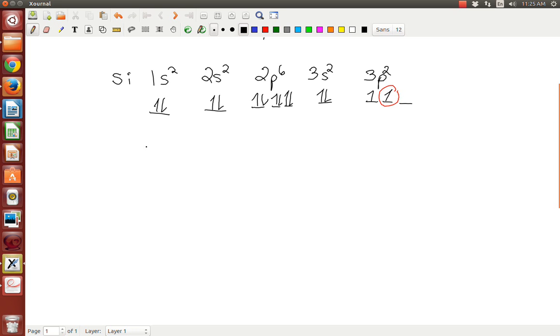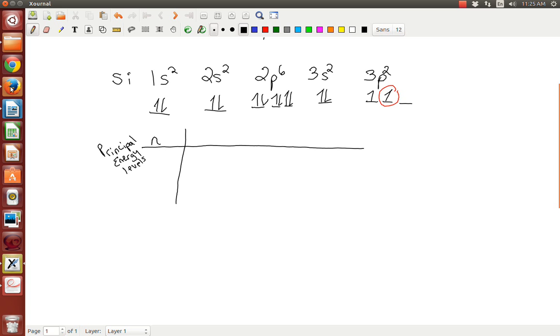Now here's the deal with quantum numbers. There's 4 quantum numbers. The first one is the n, and the n is just the principal energy levels. And so that's the numbers on the left hand of your periodic chart.